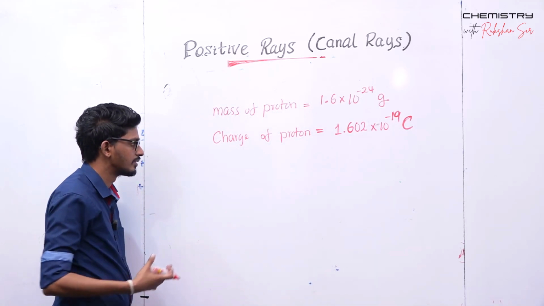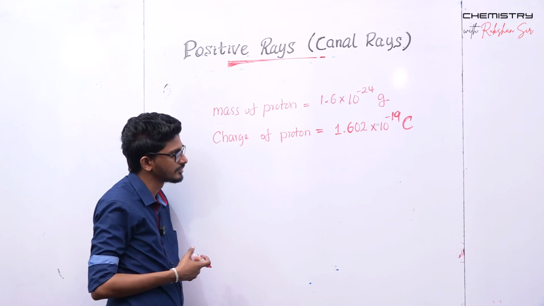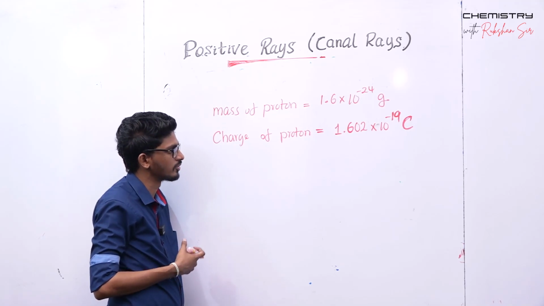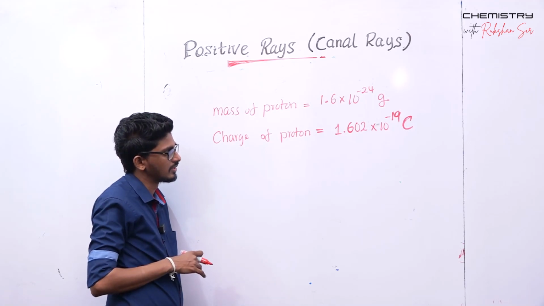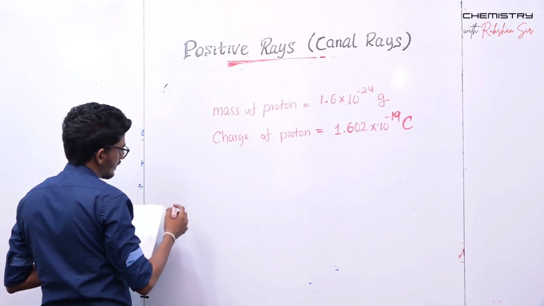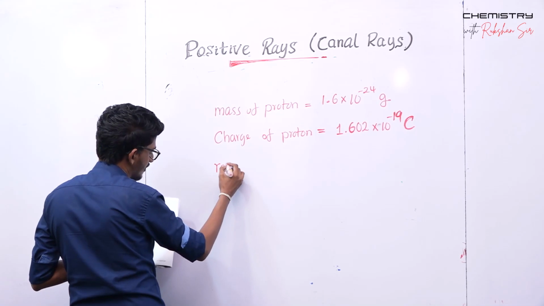To neutralize the charge of electrons, we use the protons. The fundamental charge carriers, both the proton and the electron, have the same 1.602 into 10 to the power minus 19 coulombs. So we should know another concept called relative charge.